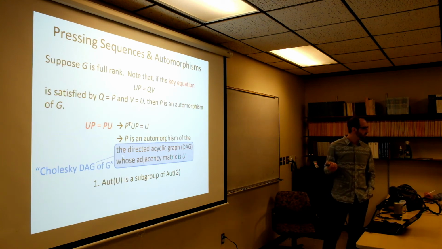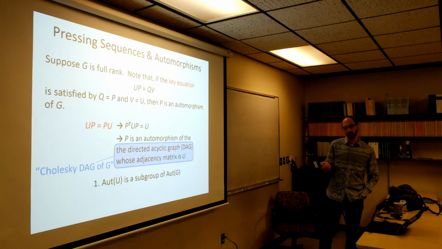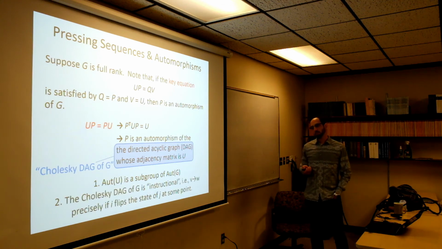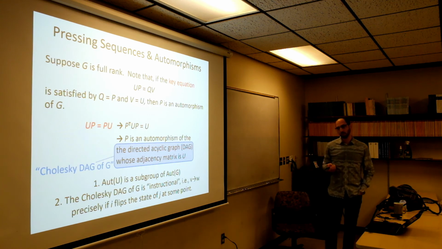I mean, you might have to check it, but it's a very quick calculation. It's just a subgroup of the automorphisms of the graph, and it actually can be a strict subgroup. So there may be fewer automorphisms of the dag than of the graph. And then something else to note, and this isn't maybe as obvious from what I've said so far: the Cholesky dag of G is what we call instructional. It's got the instructions for how to press.